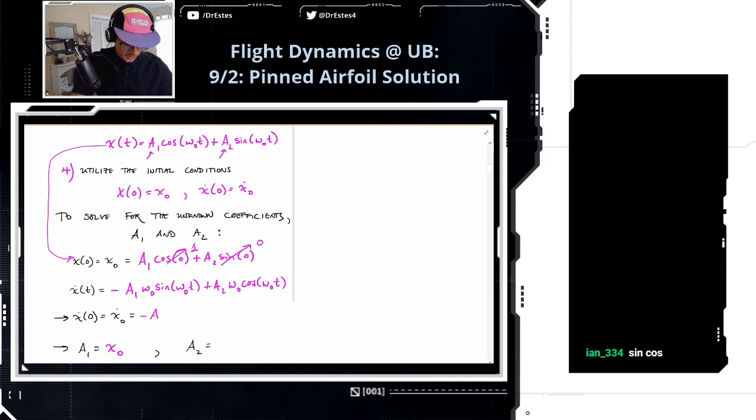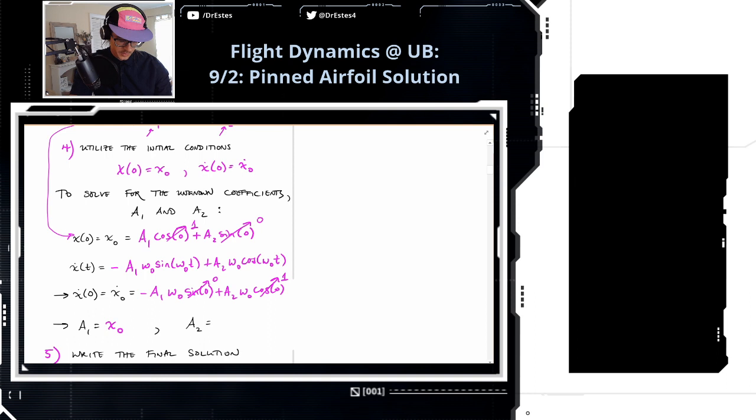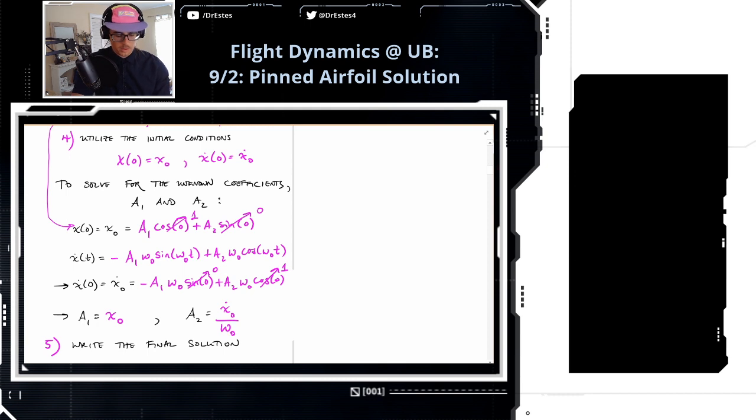So we're going to have negative a1 omega naught sine of 0, which goes to 0, plus a2 omega naught cosine of 0, and that cosine of 0 is 1. Okay, so then we have a2 is going to be x naught dot, our initial velocity, divided by omega naught.